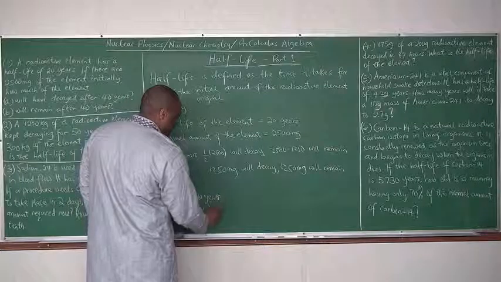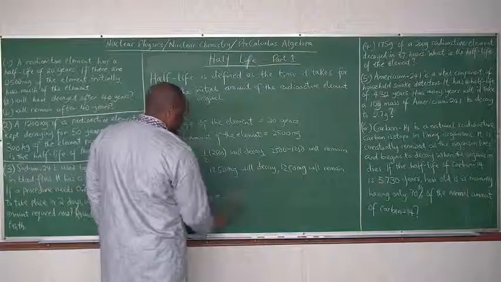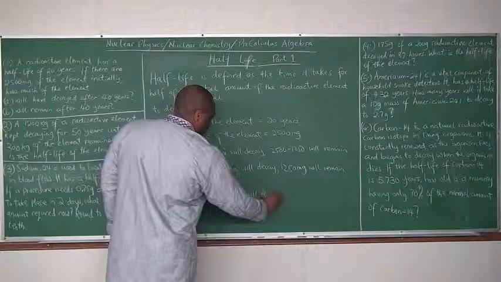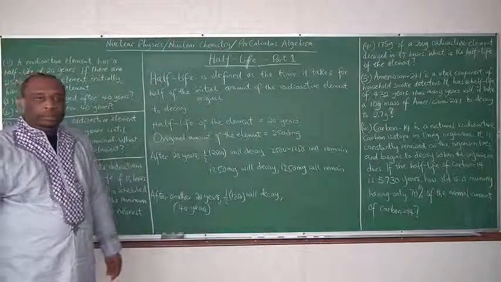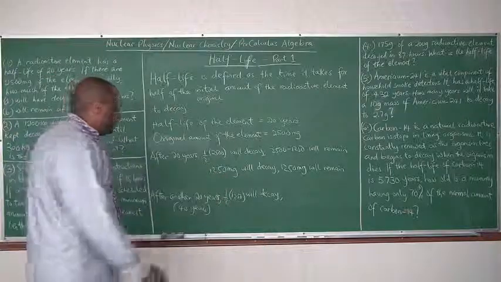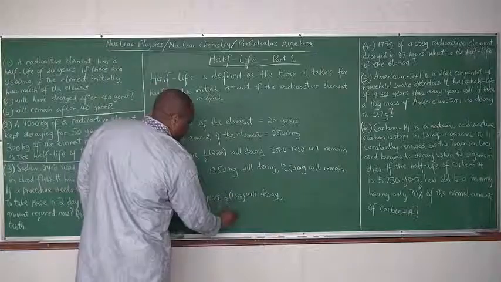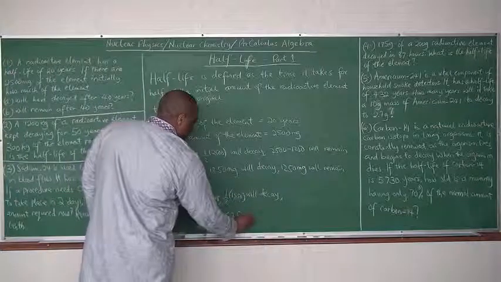Half of 1250 milligram will decay. So half of this will give us what? 2 into 12, 6, 5, 2, 4, 10, 5. 625 milligram will decay.